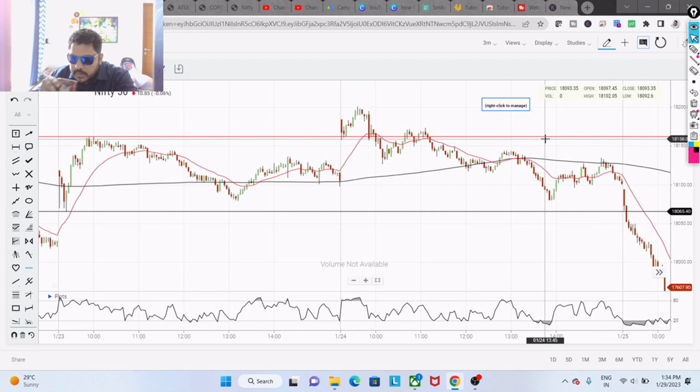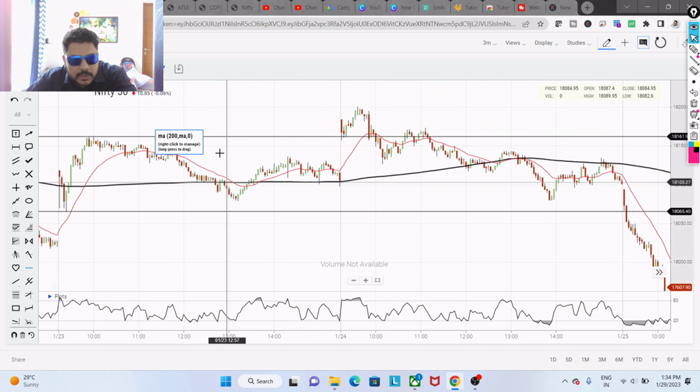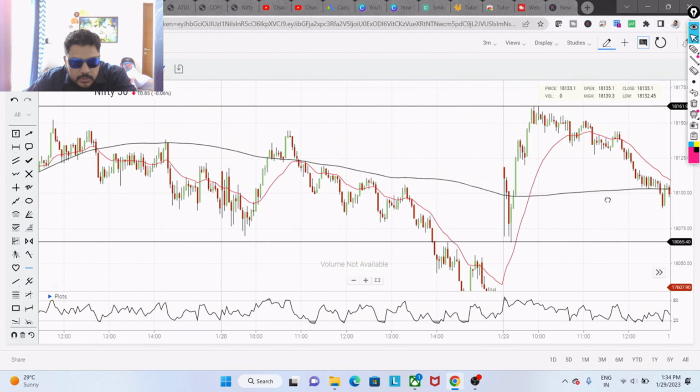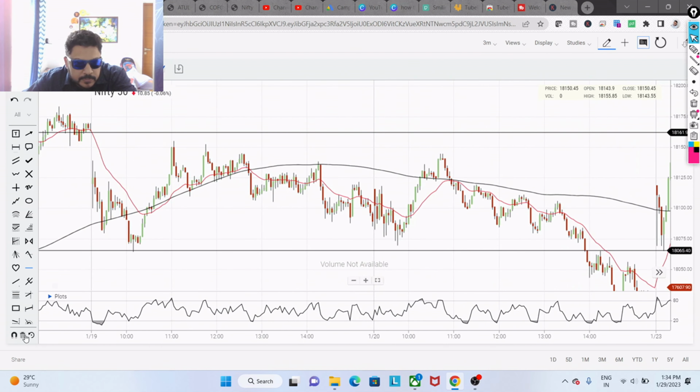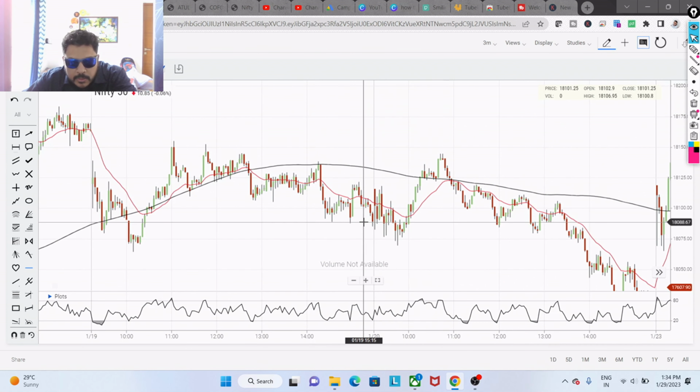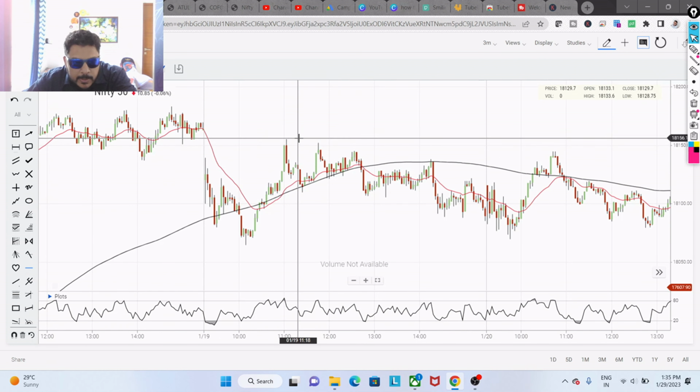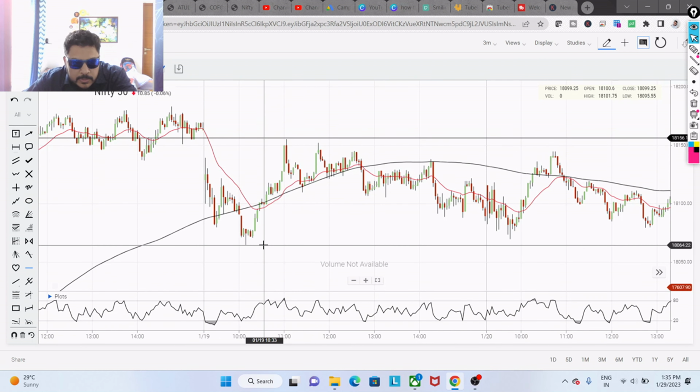There will be stop loss hits, so don't get disheartened with that, but this is a very strong concept. Now let's go to the previous day. This is our previous day high, this is our previous day low.